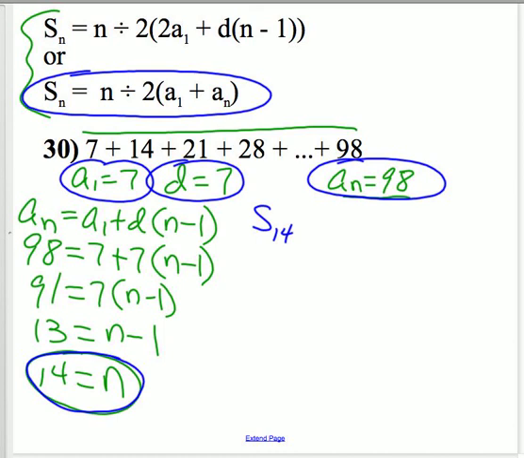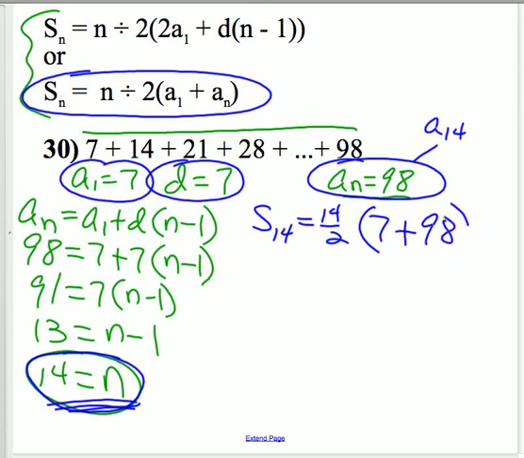Why am I putting 14 there? Because that's what I figured out n to be equal to. And then I'll go through and I'll substitute all the other numbers I have. My first term is 7. I know this 14th value is 98. And now again, the whole right side of my equation is numbers. I plug it into my calculator.